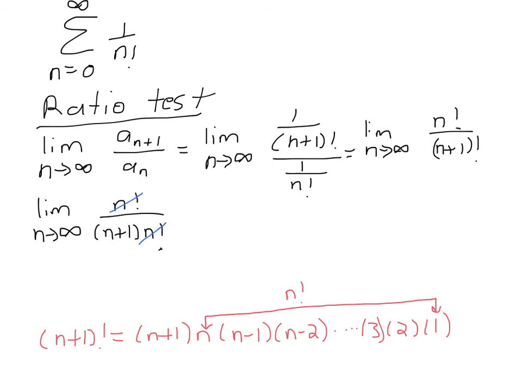These n factorials cancel, and now this is easy to evaluate, because the limit as n goes to infinity of 1 over n plus 1 is just 0. And since this limit as n goes to infinity of a of n plus 1 over a of n is a real number that is less than 1, the absolute value is less than 1, that tells me that the corresponding series converges by the ratio test.